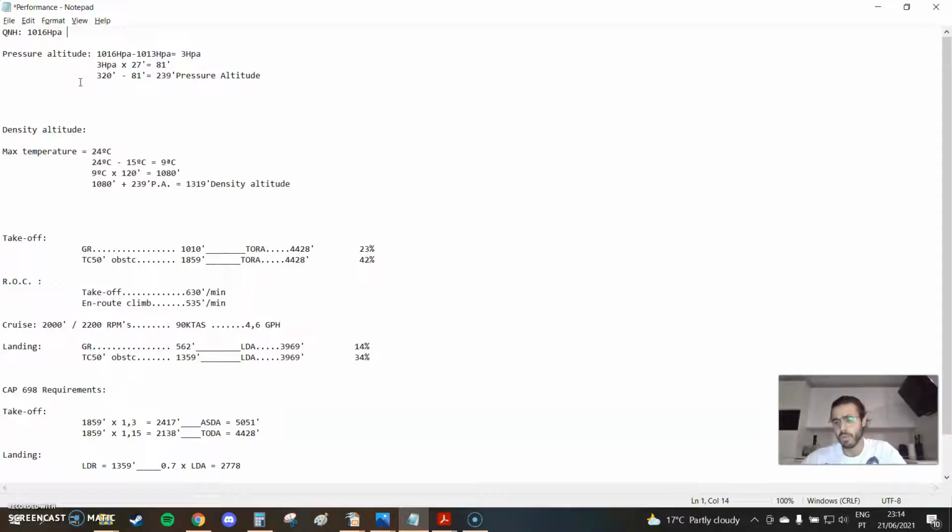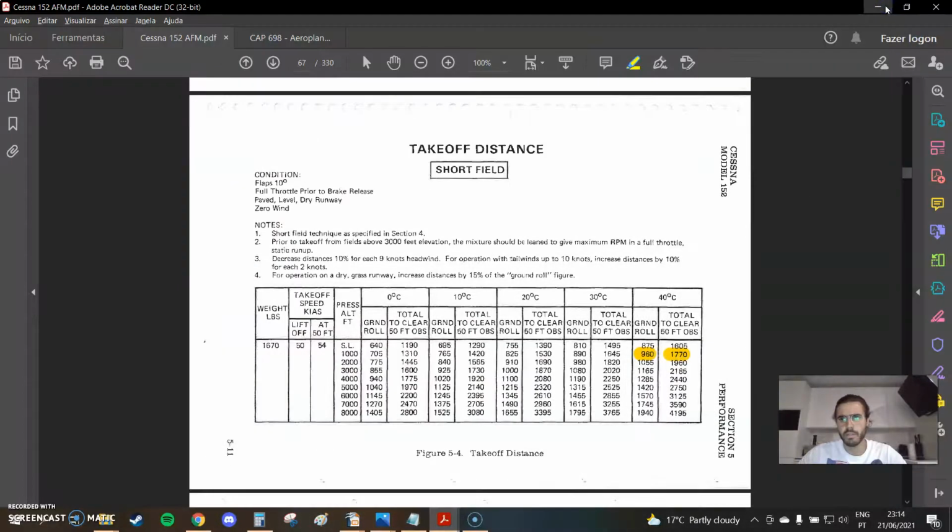Okay, 1013 hectopascal isobar. So in order to know this, you'll need to know the QNH, which in this case was 1016 hectopascals.